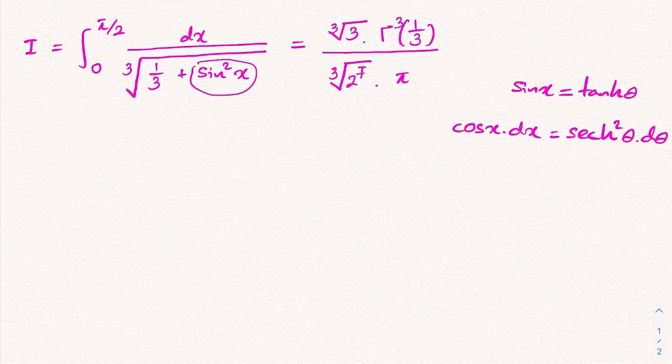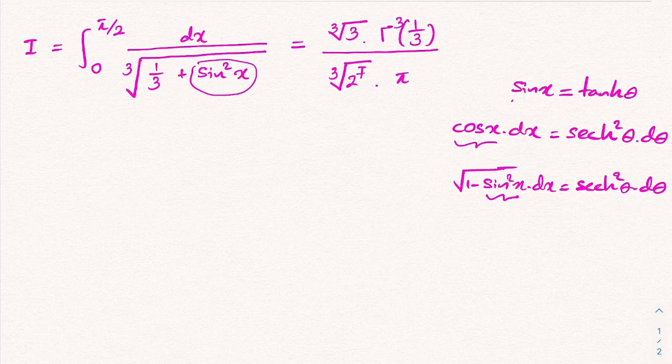Here we have cosine of x, so we know cosine of x is equal to the square root of 1 minus sine squared of x, times dx, equal to hyperbolic secant squared of theta d theta. Since sine of x is hyperbolic tan of theta, we have the square root of 1 minus hyperbolic tan squared of theta.